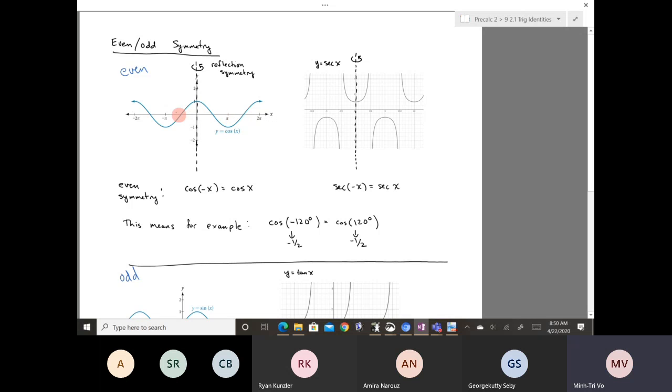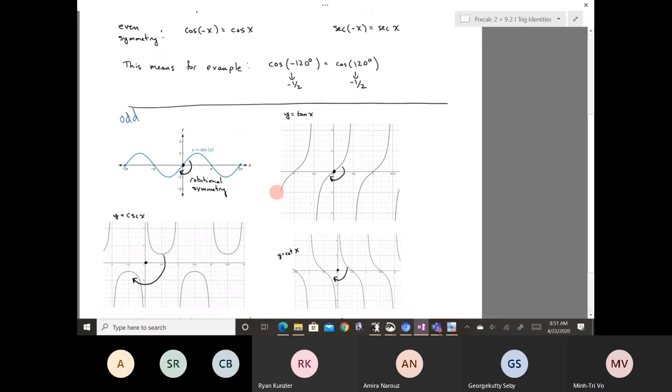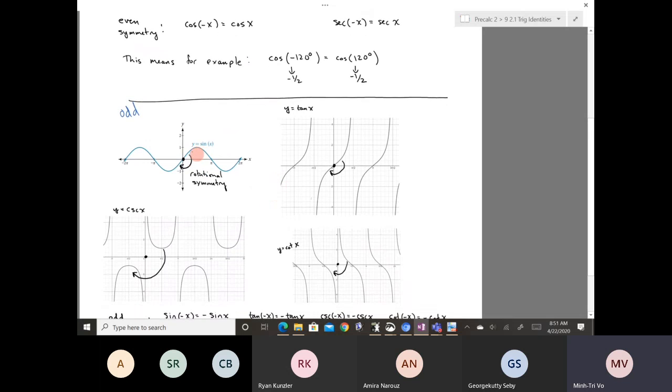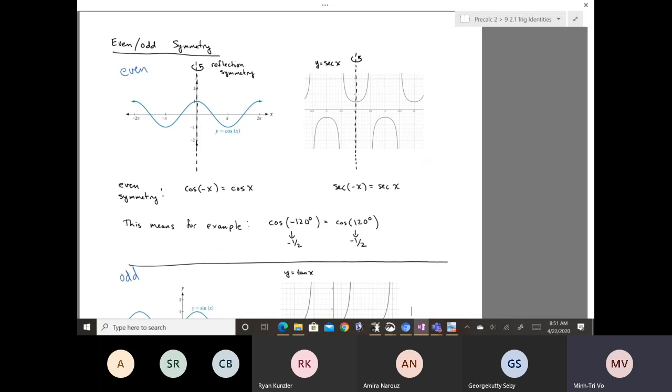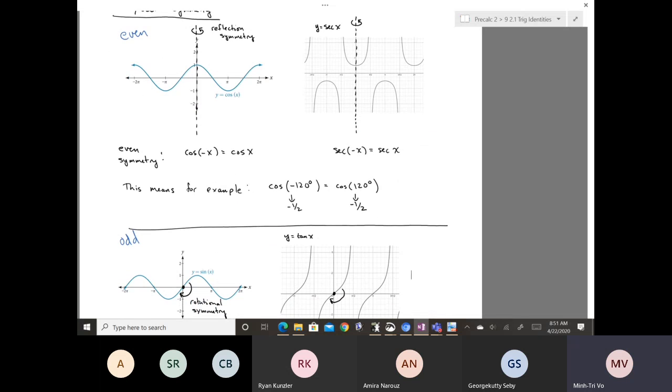So if you exploit the symmetry of the graph, you can understand the area in an easier way. Similar here: the area here is the same as the area here, except this is right side up and this is upside down. But in any case, we don't use it all that much in this class.